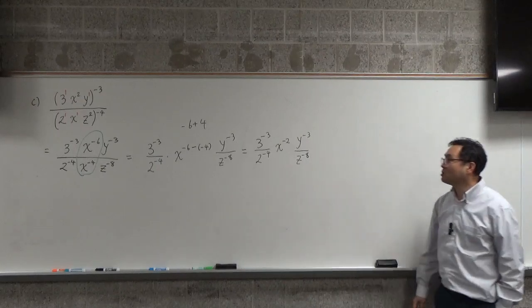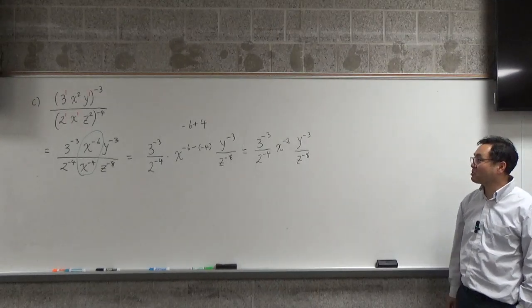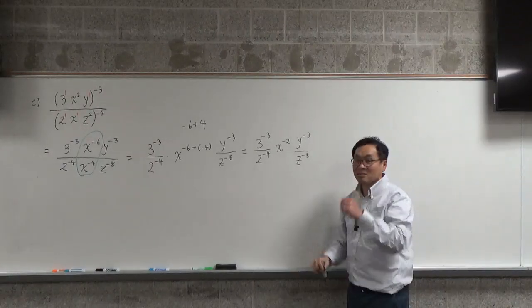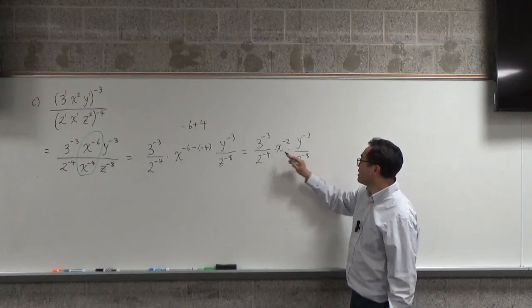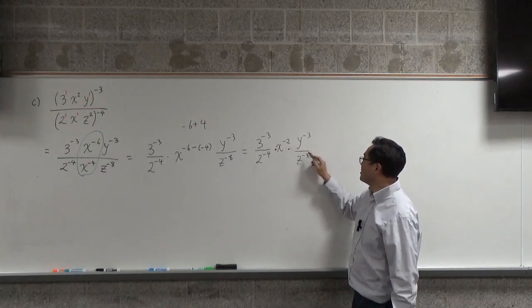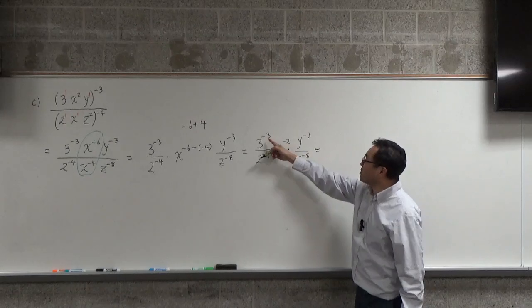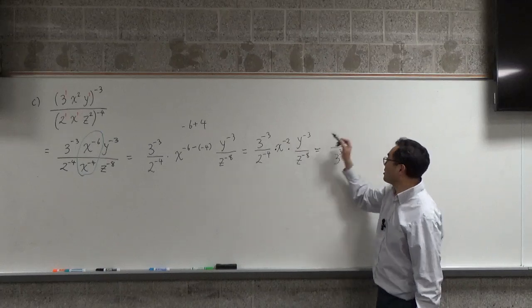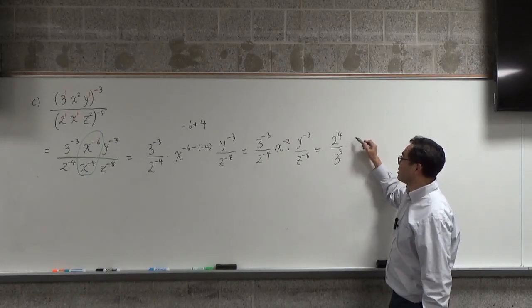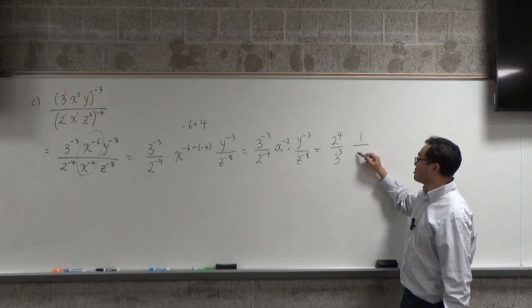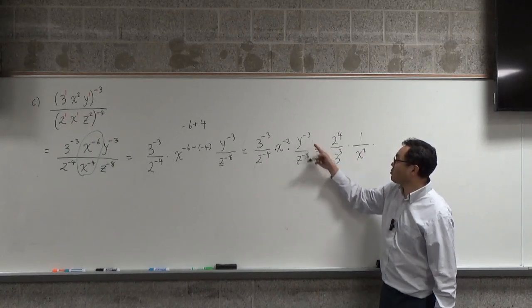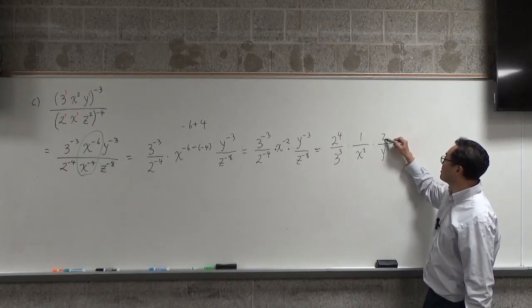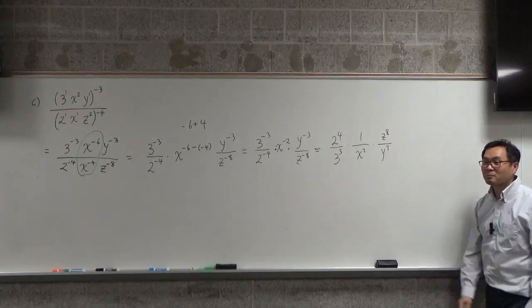So a whole lot of negative exponents. We have to send them to the basement or above ground. So let's do that. This one should go downstairs, 3 to the 3rd. This should move upstairs, 2 to the 4th. This one should go downstairs. That one also downstairs, and this should go upstairs, just like that, okay?